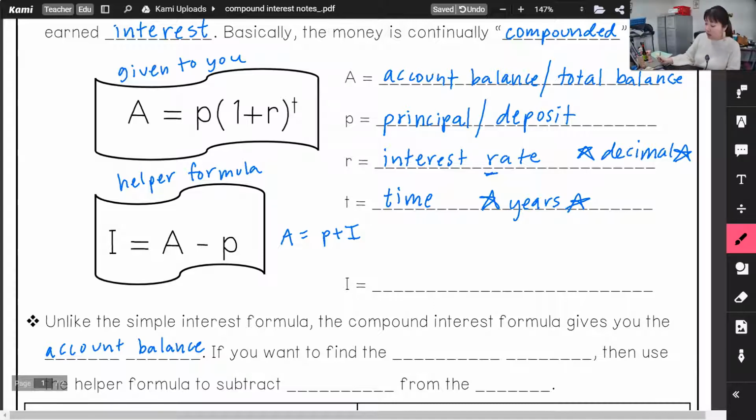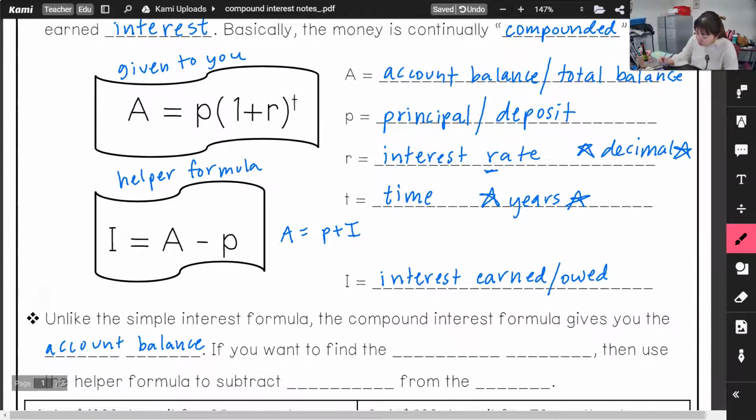Okay, and finally we have the letter I, which of course is interest. This is specifically interest earned or owed, okay? So usually the problem will say something like, what is the interest earned? Or if the interest earned was this, then what is the blah, blah, blah. They will always use the word interest for I.